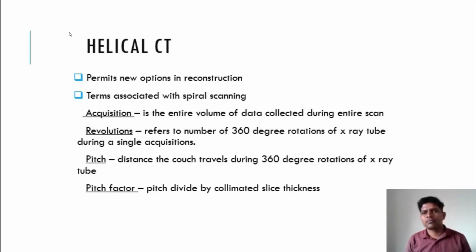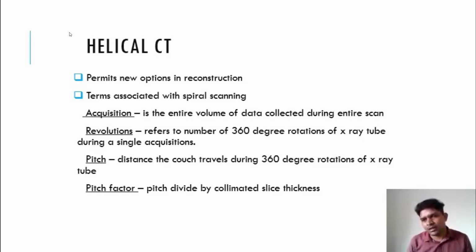Later, with all these different generations and the different kinds of images you have understood, what is the benefit of helical CT? It permits new options in reconstruction, where the entire volume of data is collected during the entire scan, with revolutions of 360-degree rotation of the X-ray tube in a single acquisition.